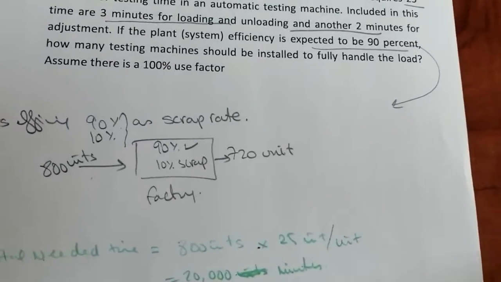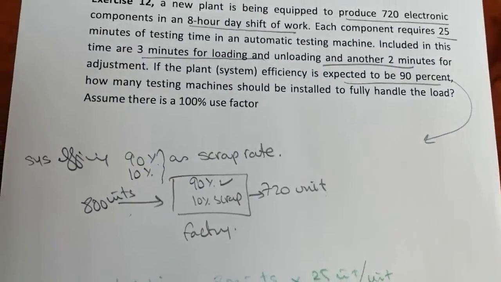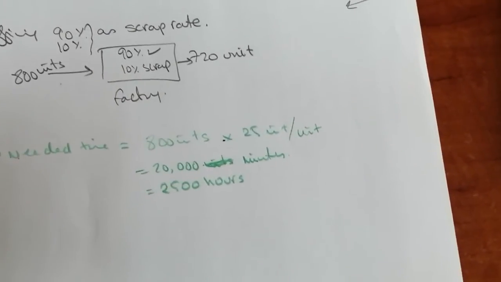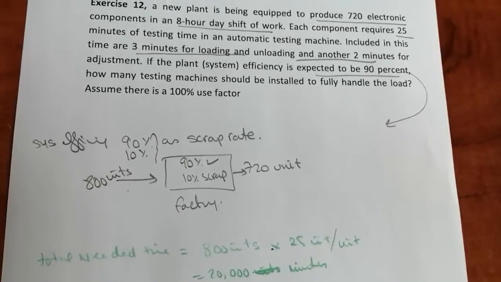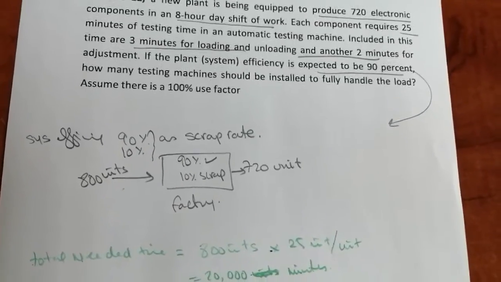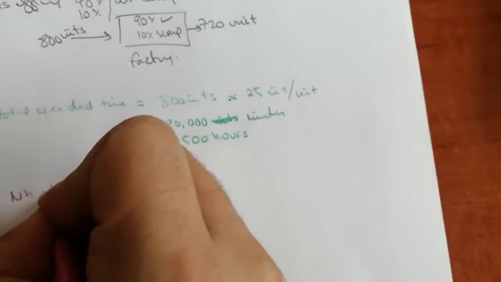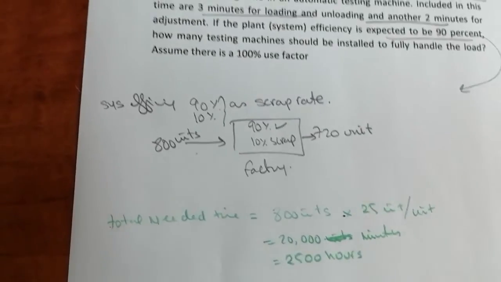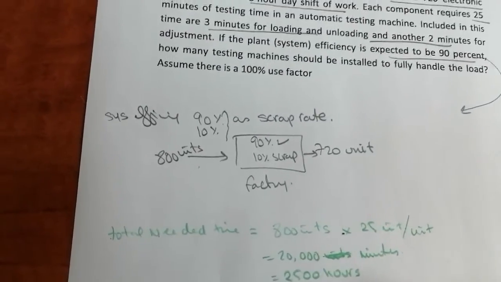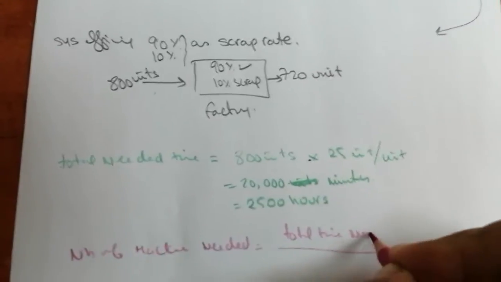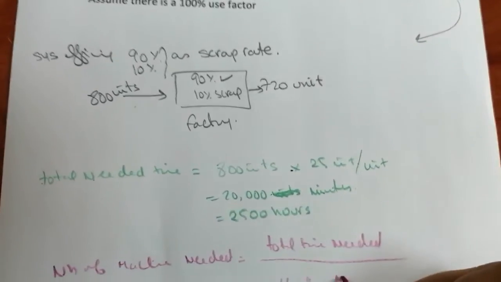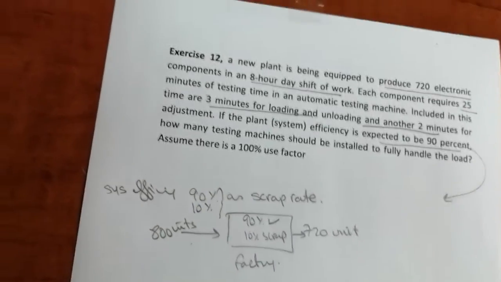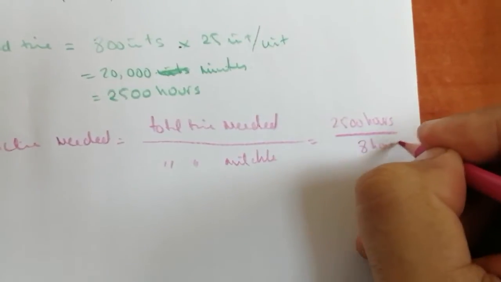Or 2,500 hours. Okay, so the number of machines needed is equal to the total time needed divided by the total time available, which is 2,500 hours divided by 8 hours.